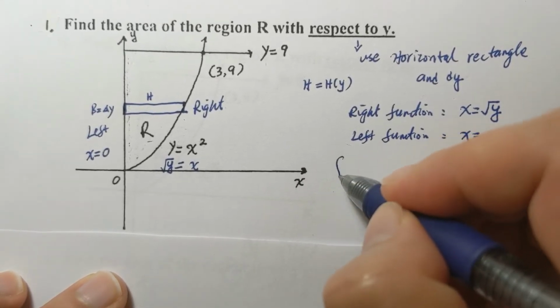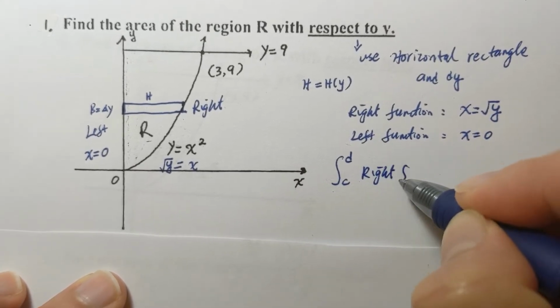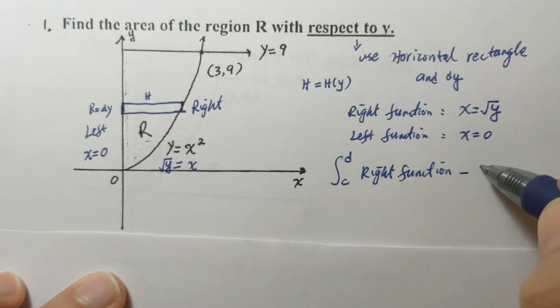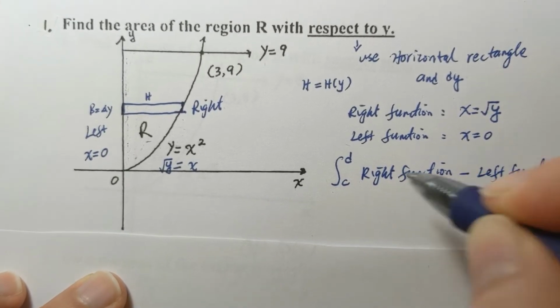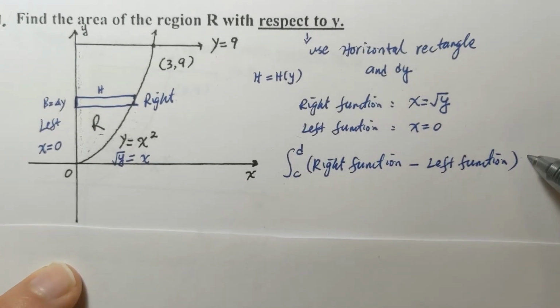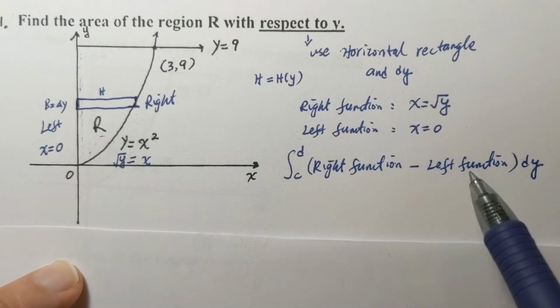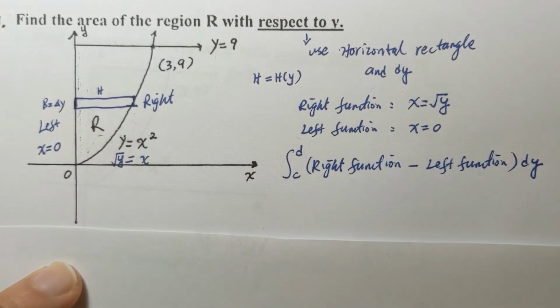Now we're going to do the integral from c to d, right function minus left function, dy. The right function minus the left function is the h, the height of the rectangle.